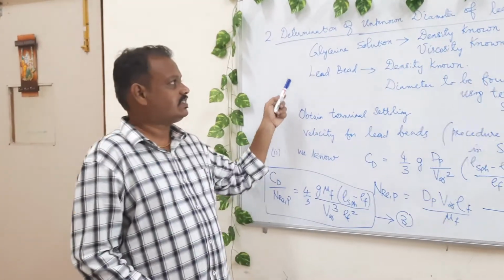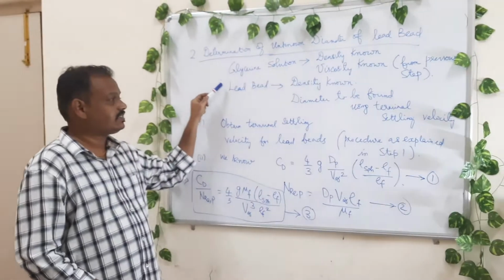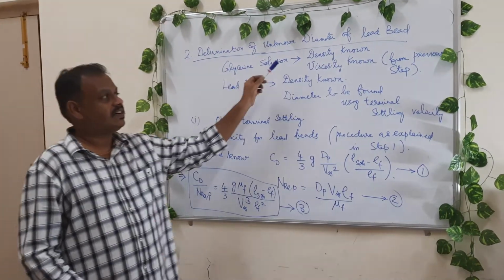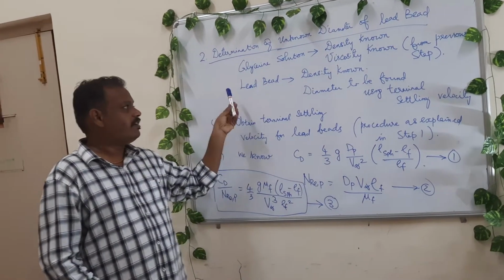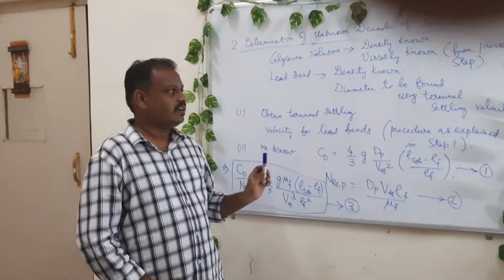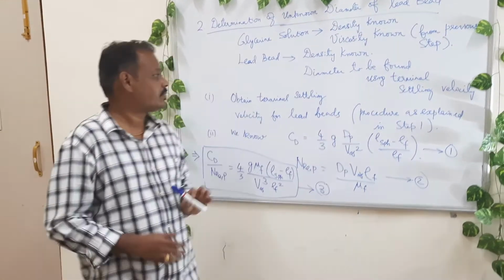In this case, the solution given is the same glycerin solution, and its density is known as well as the viscosity from the previous step. Now a lead bead is given to us, for which the density is known and the diameter has to be found using terminal settling velocity.